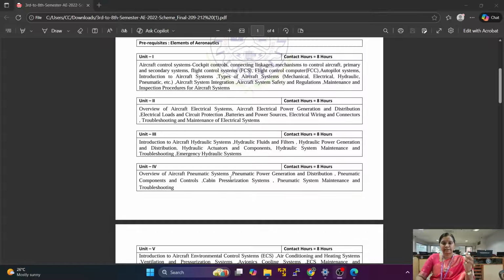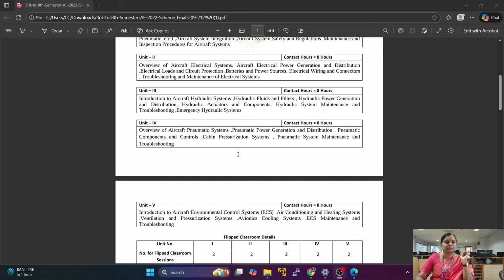So we control the aircraft surfaces so that you can have lift, so that you can descend, or during landing, it can be the extension of the landing gear or the retraction of the landing gear, where you require these hydraulic units or pneumatic units so that it can be operated properly. So the third unit deals with pneumatic systems and hydraulic systems.